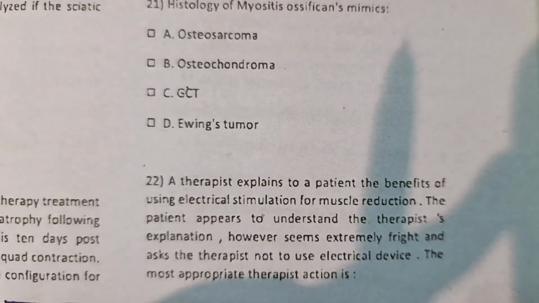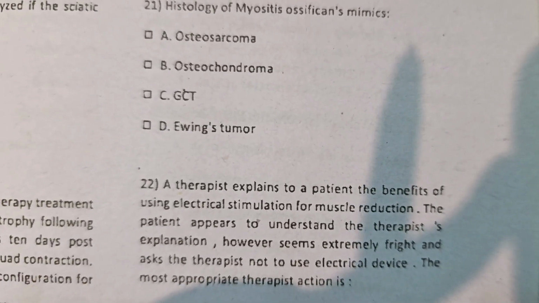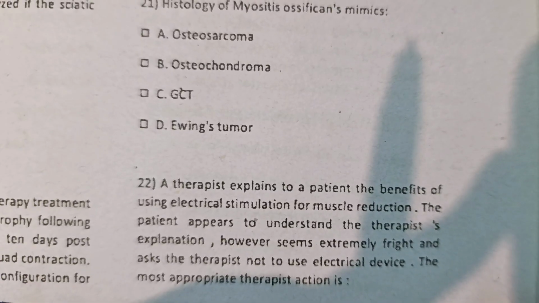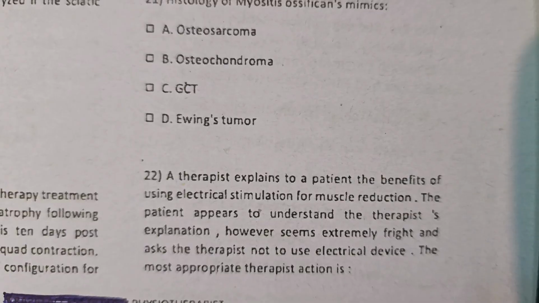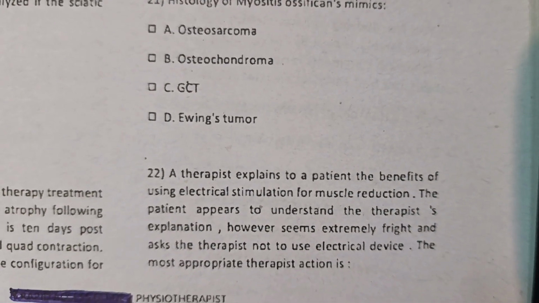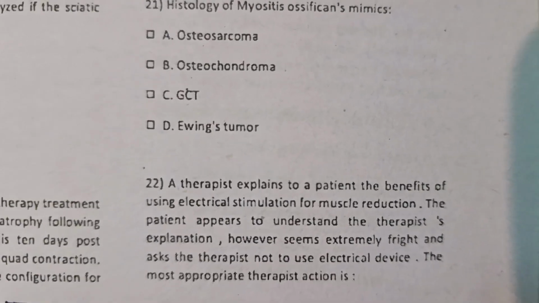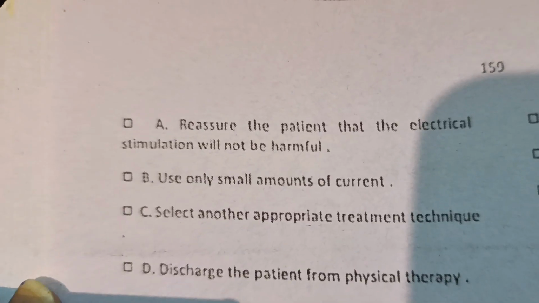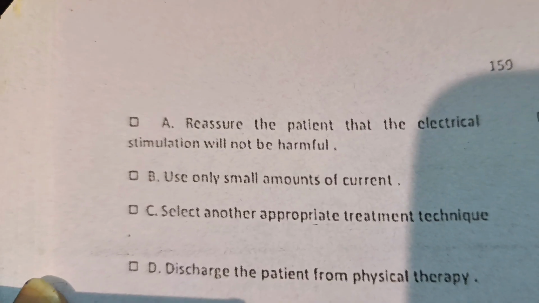Next question is: a therapist explains to a patient the benefits of using electrical stimulation for muscle re-education. The patient appears to understand the therapist's explanation, however seems extremely frightened and asks the therapist not to use the electrical device. The most appropriate therapist action is option A, reassure the patient that electrical stimulation will not be harmful.